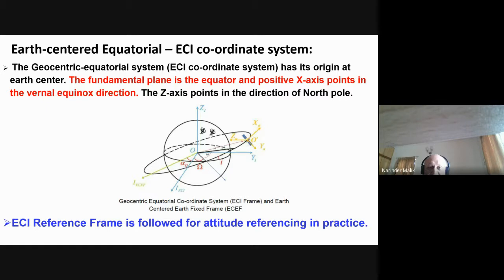From the line of perigee, the satellite position is measured by an angle called mu, which is called the true anomaly. The orbit plane is inclined by angle I. We'll come to the next one and see how we express the satellite position at a particular time in the ECI frame.